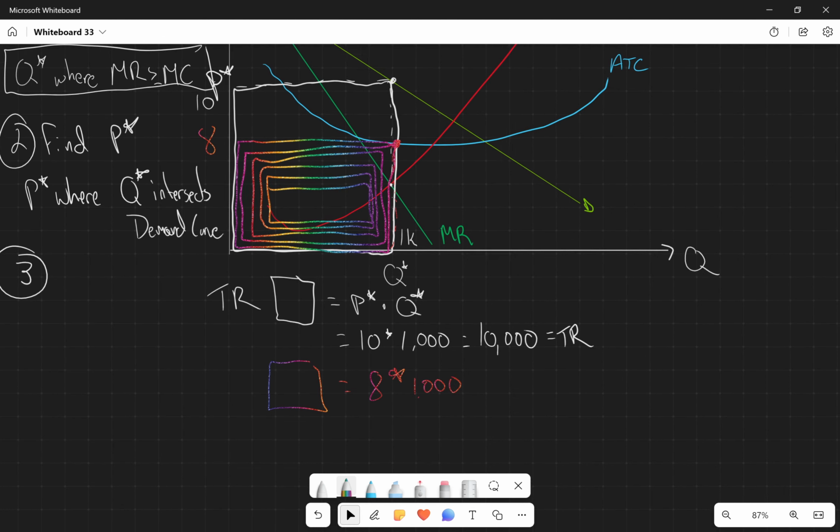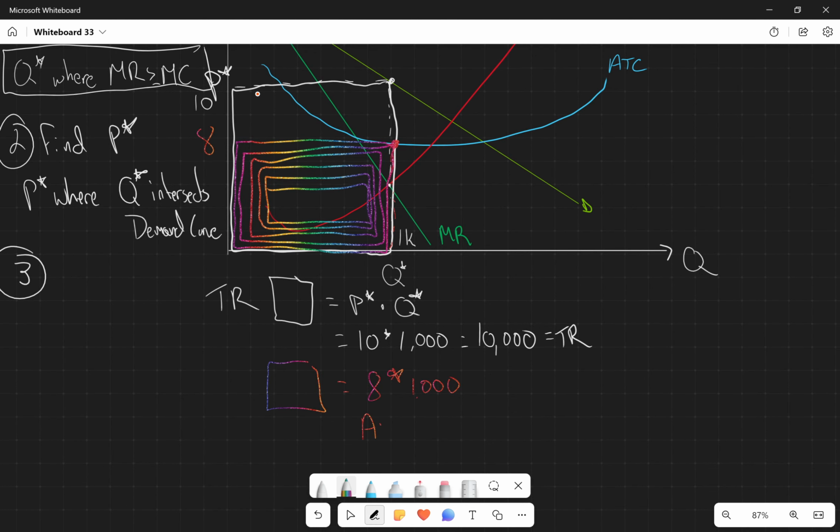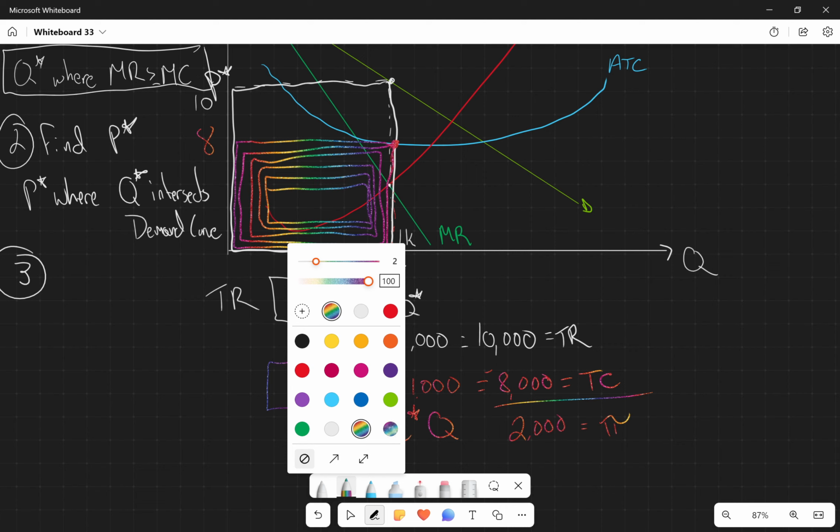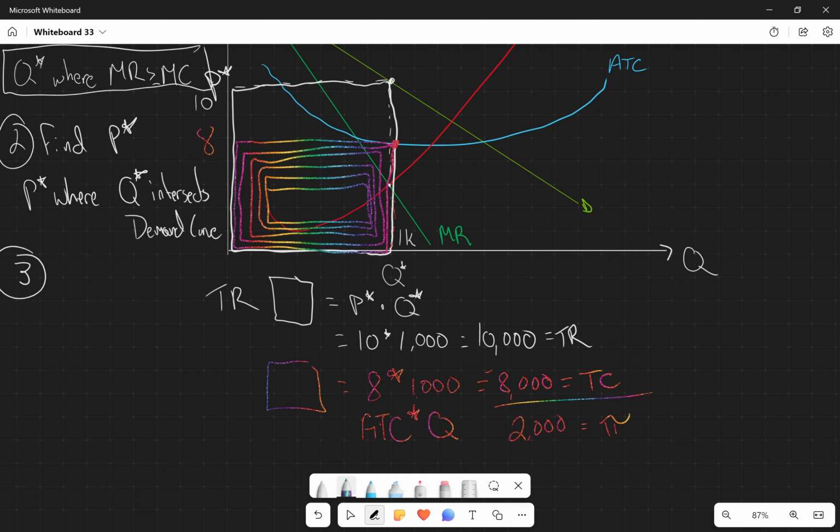And this is representative of the average total cost times the quantity. So this will give us $8,000 of total cost. So then we just subtract the total cost from the total revenue in order to get $2,000 of profit. And the way that we show that on the graph is this rectangle that is above our total cost but below our total revenue.